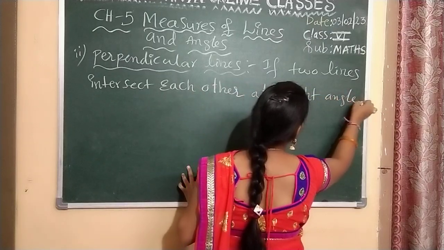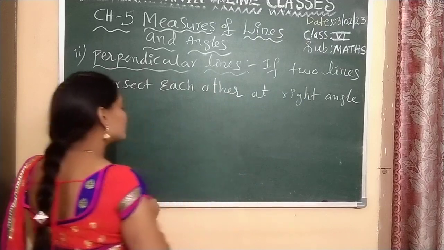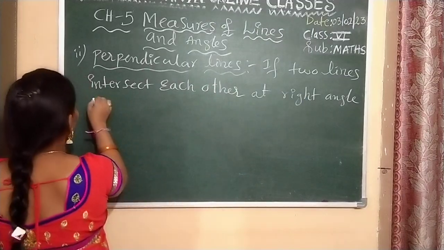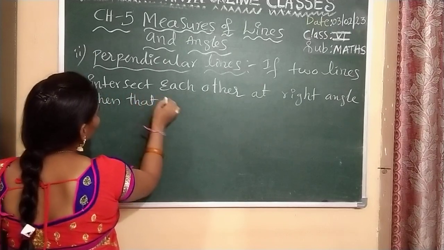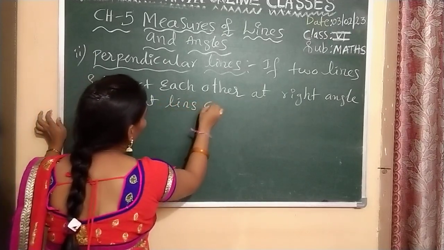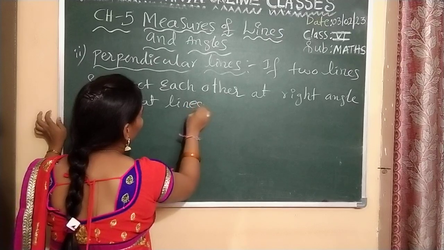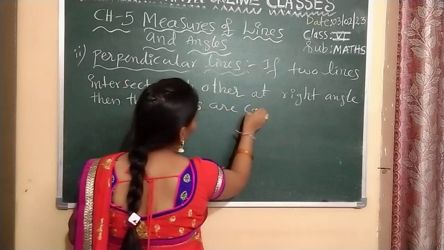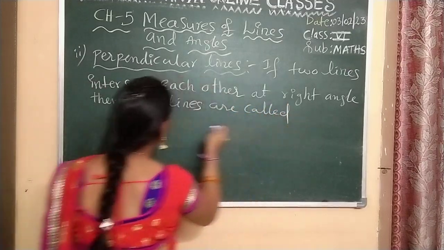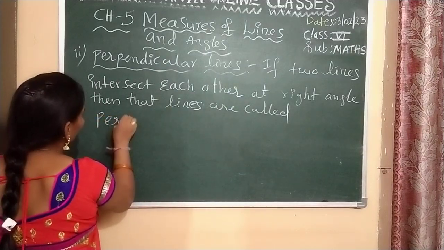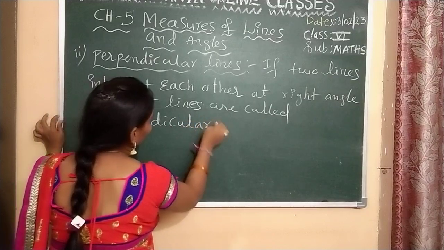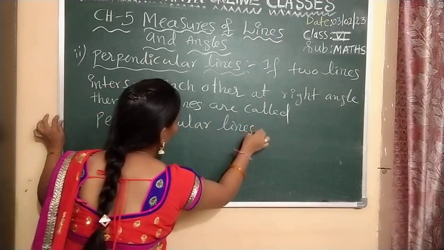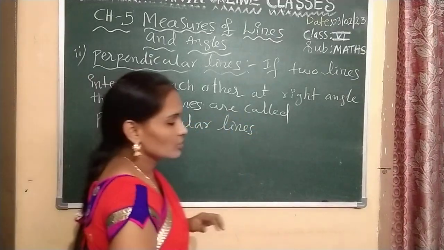Right angle means 90 degrees. If two lines intersect each other at a right angle, then the two lines are called perpendicular lines. Then what are the examples?